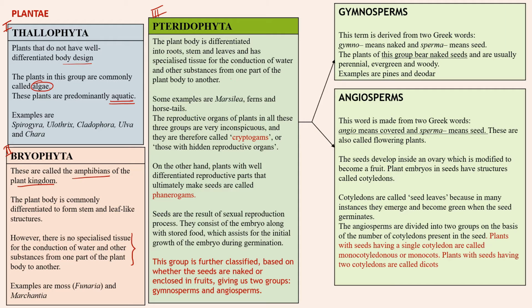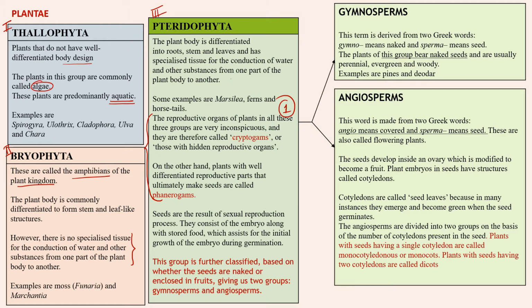Now within Pteridophyta, bifurcation of the organisms we can do based on two criteria. The first criteria is based on reproductive organs. If the reproductive organs are inconspicuous, they are called cryptogams. That also means that the reproductive organs are hidden in the plant system.